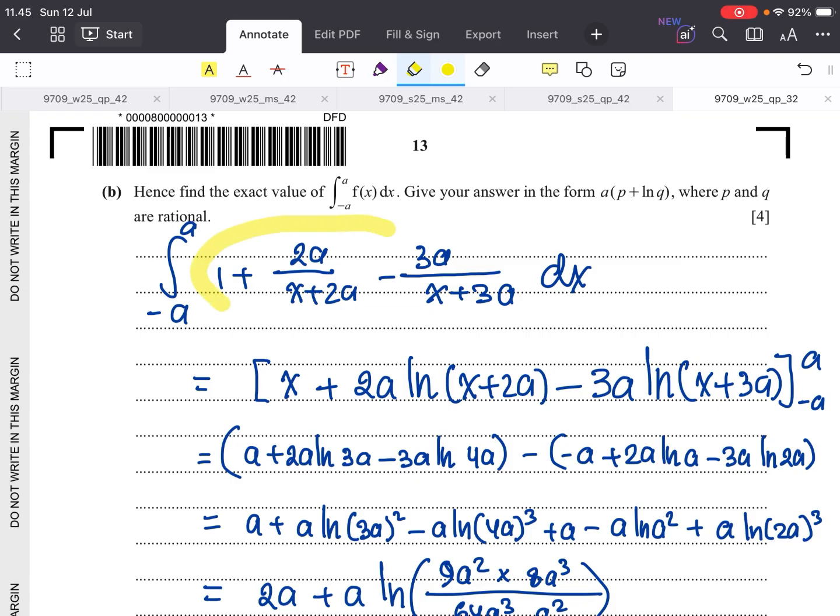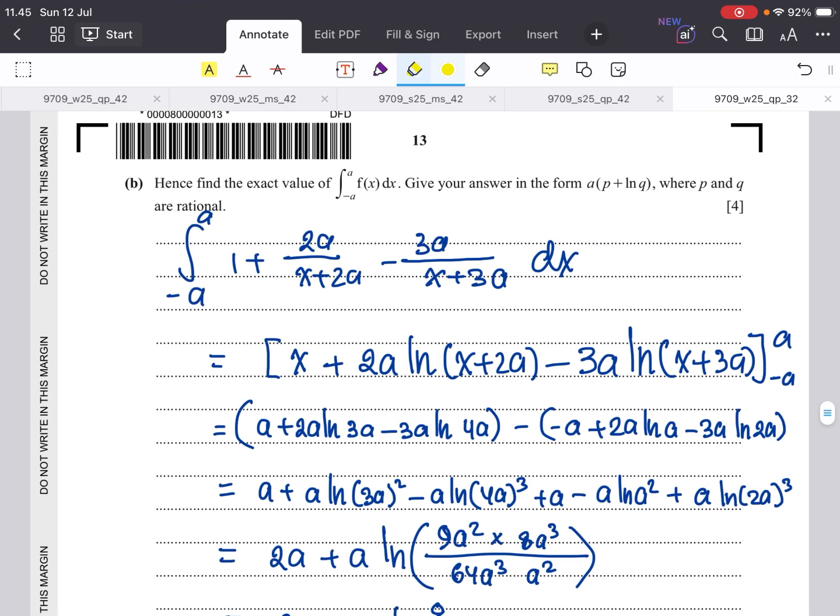And then we will integrate this one. The integration of 1 is x. And then the integration of 2a over x plus 2a is 2a ln of x plus 2a. The formula for this integration is given in the list of formula. And then the integration of this part is negative 3a ln of x plus 3a.